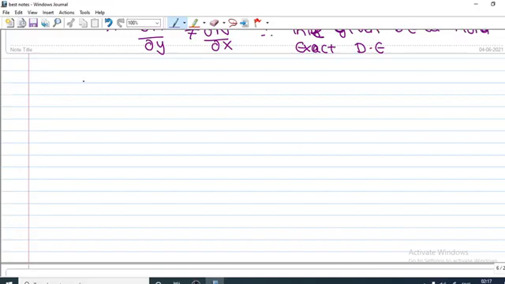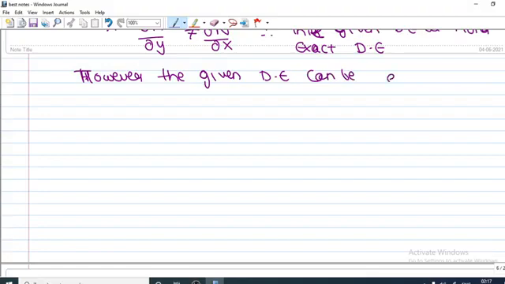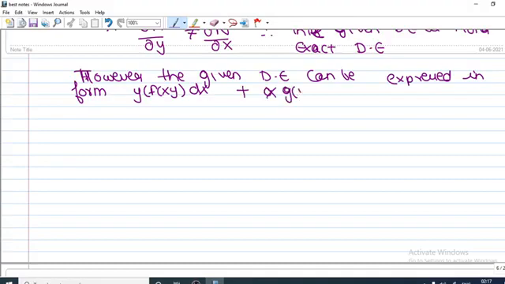But before doing that, we forgot to write, we will mention that however the given differential equation can be expressed in the form y f of xy dx plus x g of xy dy equal to 0.